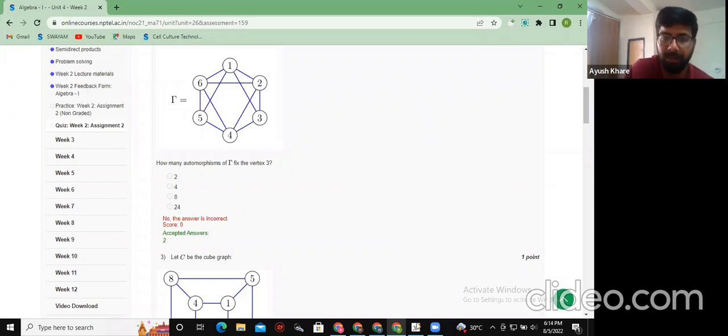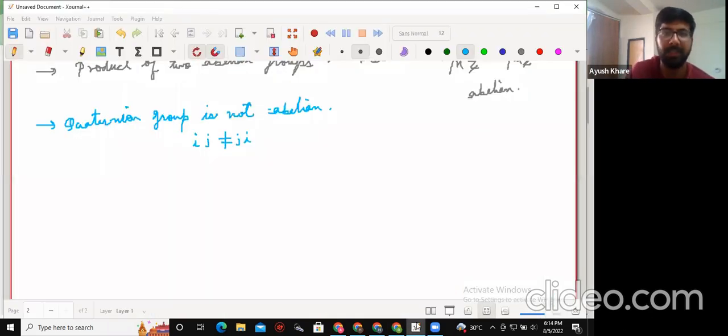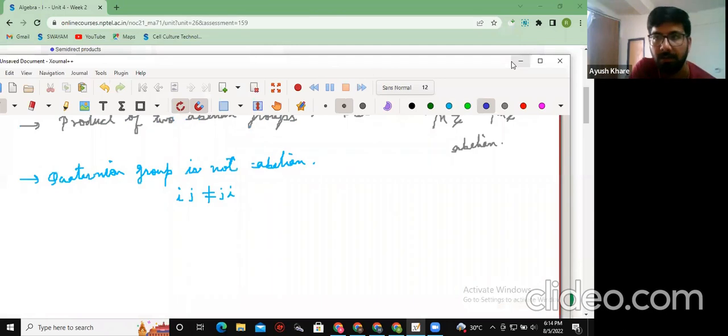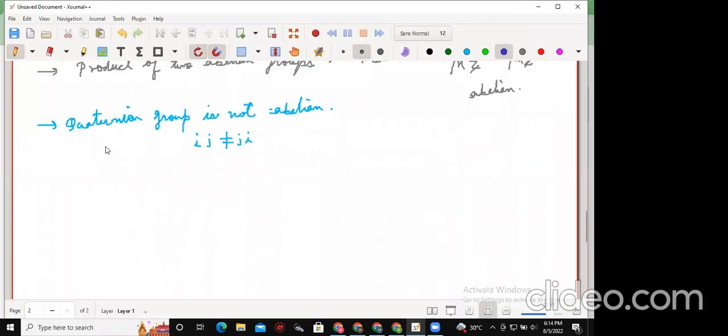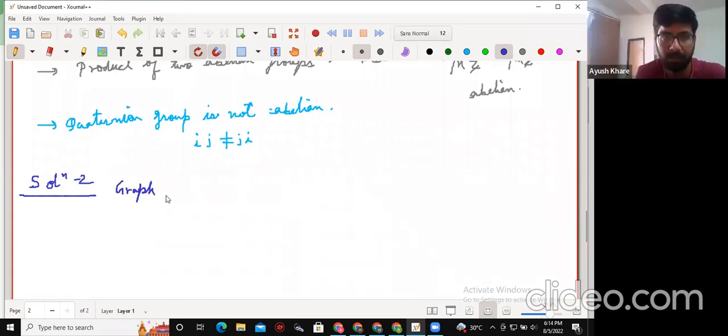Let me write the definition of graph automorphism, then I think you all can easily attempt this question. So, graph automorphism.